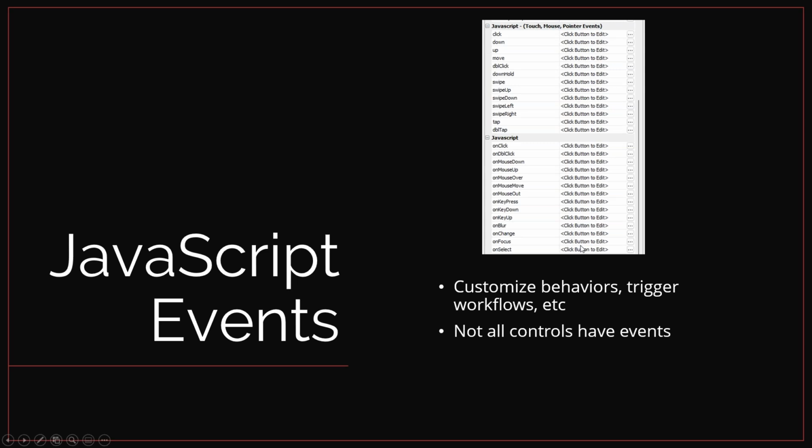And in Alpha Anywhere, they are broken into two sections. One of them is the touch mouse pointer events, and the other one is just JavaScript. I think it used to have some extra text after this, but it did not in the screenshot I pulled today. But the stuff in touch mouse pointer events is going to be, we call them abstract events that work with touch interfaces.